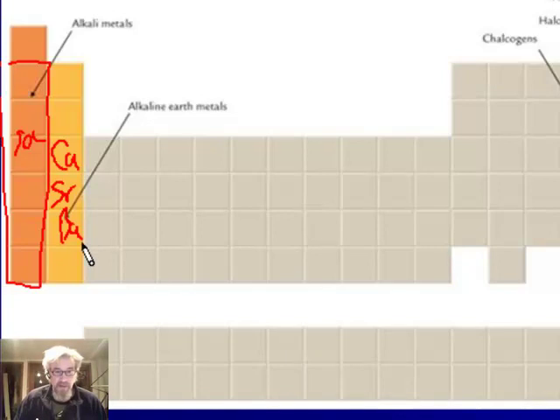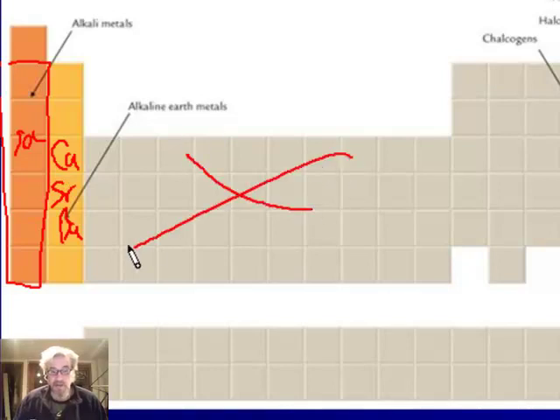If those are the cations, then it'll be soluble. Any transition metal will not be soluble. The rest of the alkaline earth metals will not be soluble. Aluminum hydroxide will not be soluble. The only ones that are soluble with hydroxide are group 1s, calcium, strontium, and barium.